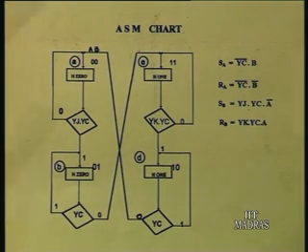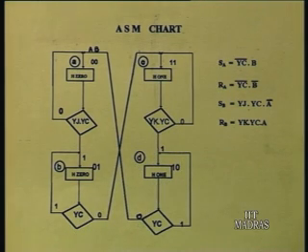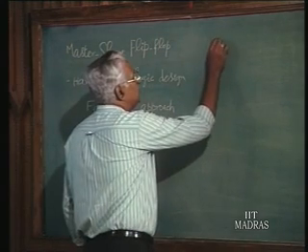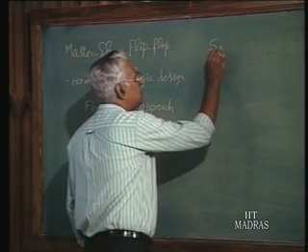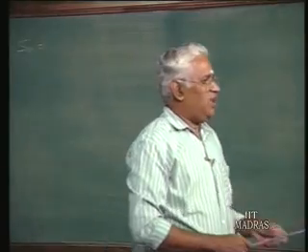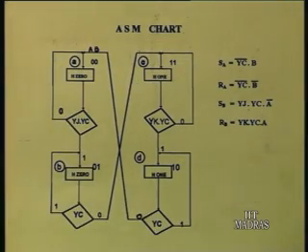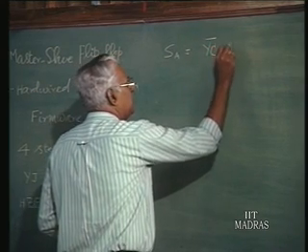Good. Now, let us go back, and since we decided that we will be using the S bar R bar latch, we have to derive the equations corresponding to this. SA is given, referring to the chart, as yc bar and b.